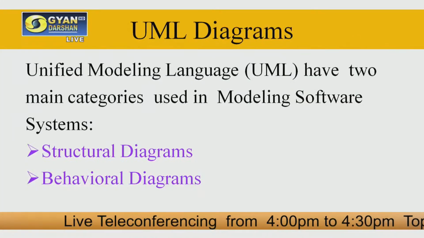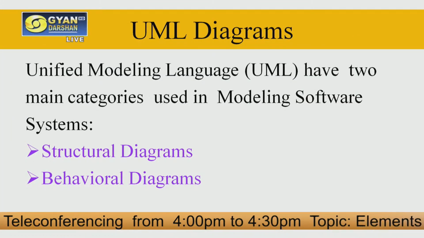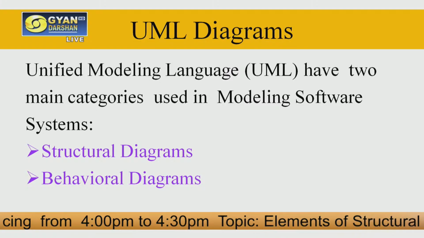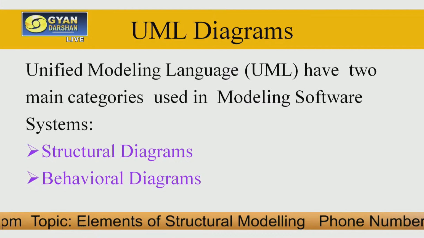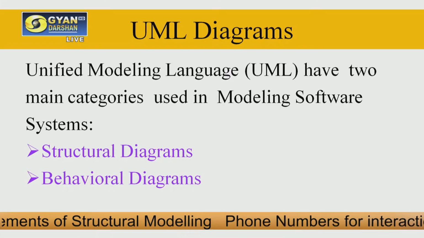So let us proceed. If we talk about UML diagrams, they are used for diagrammatic representation of analysis and design of the system, and are based on the object-oriented paradigm.